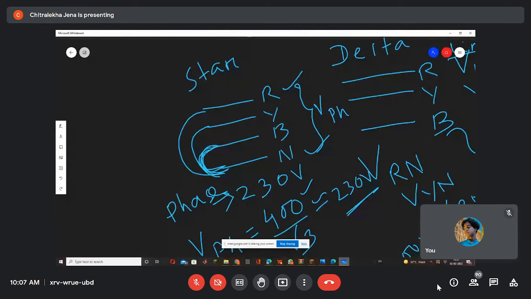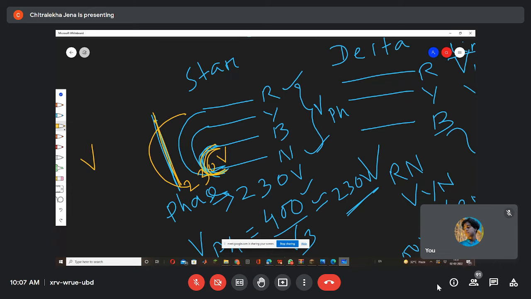The three-phase system is already available here, but my house is connected between B and N, where I get 230 volt. If I take the voltage between R and Y, or Y and B, then I will get 400 volt.